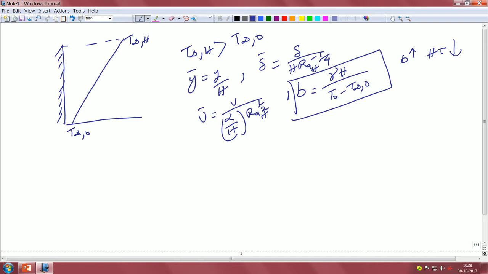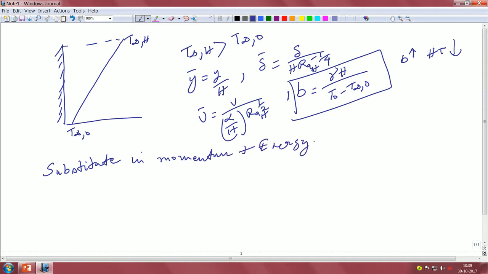Now, we also cast the integral equations, if you recall from last class, that we cast both the energy as well as the momentum equation in integral forms. Now, we substitute in momentum plus energy equations.